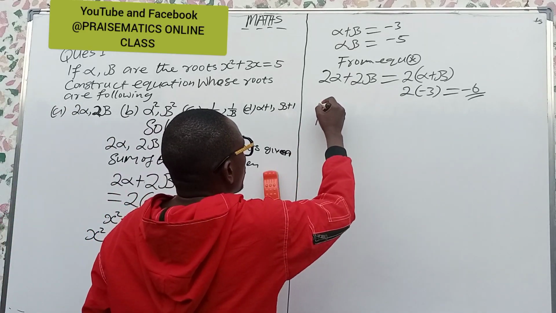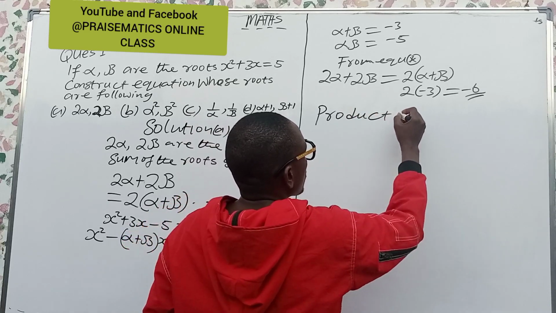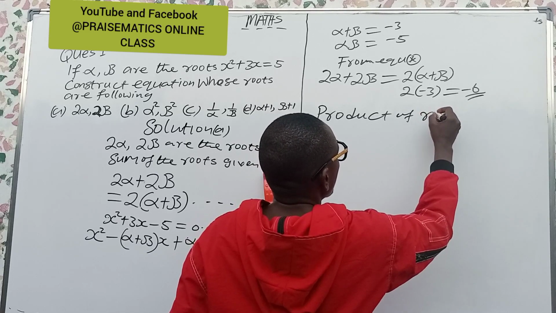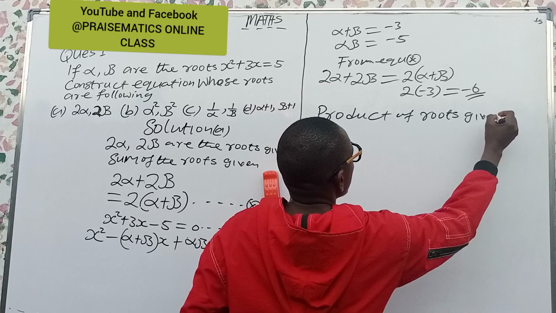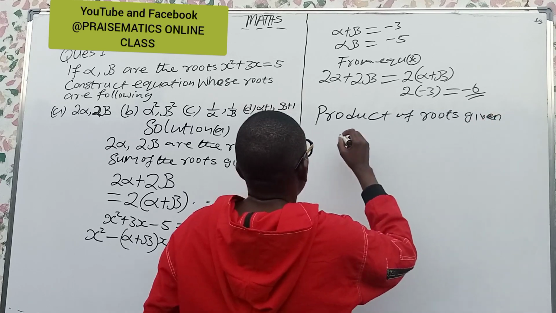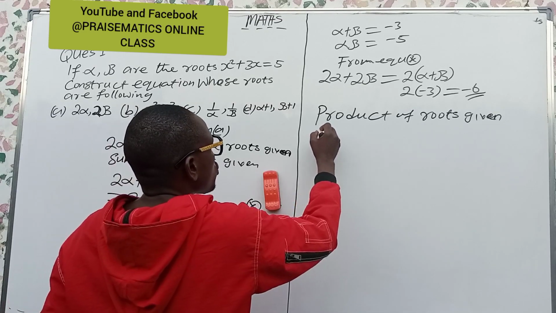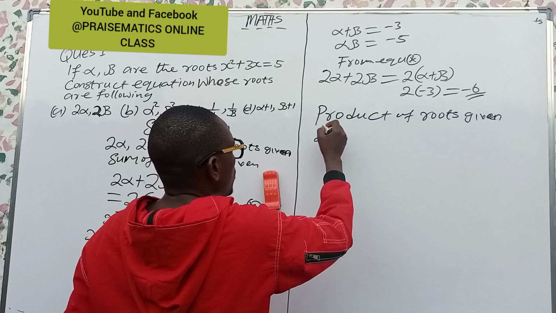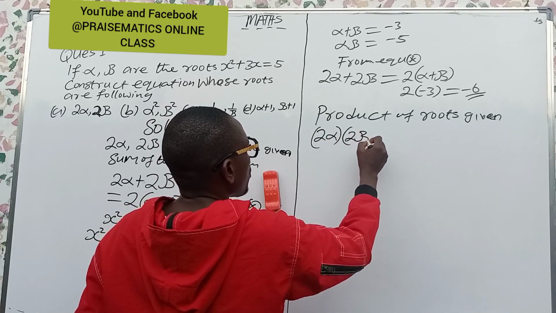Now let's look at the product of the given roots. We have 2 alpha multiplied by 2 beta.